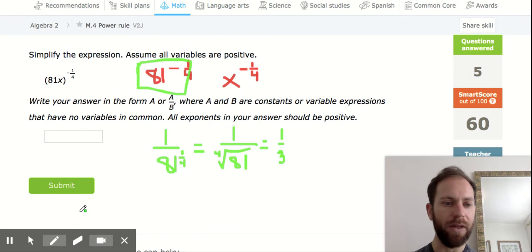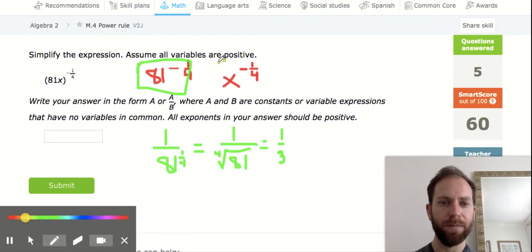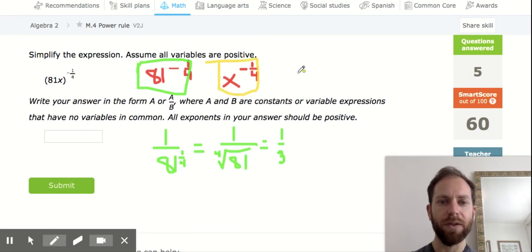And let's simplify this in yellow. So x to the negative 1/4 is the same as 1 over x to the positive 1/4. And another way of writing x to the positive 1/4, actually, in this case, we don't have to put an index because it wants your answer with a fractional exponent. So we can just multiply this times 1 over x to the positive 1/4.